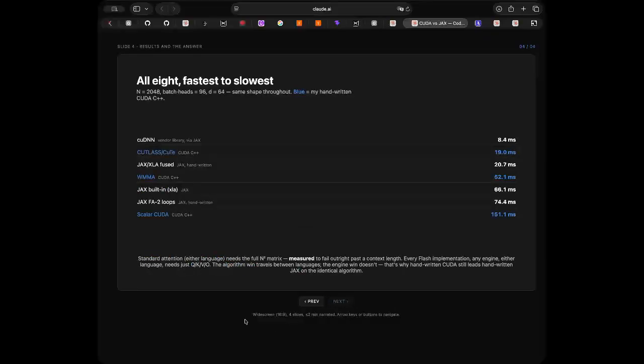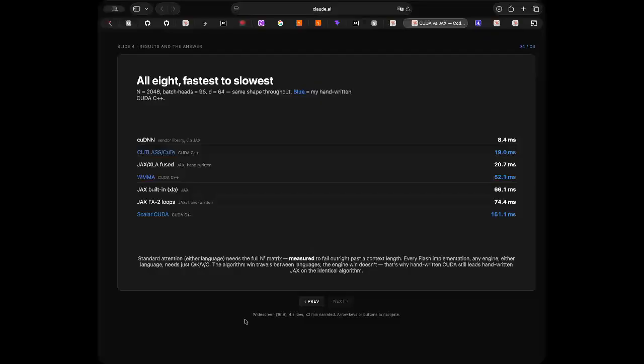All right, comparing CUDA C++ versus Python JAX head-on, then again, we get the slowest operation with scalar CUDA, which is the FlashAttention 2 with just shared memory and tiling. Then that gets readily beat by Python JAX for FlashAttention 2 handwritten.